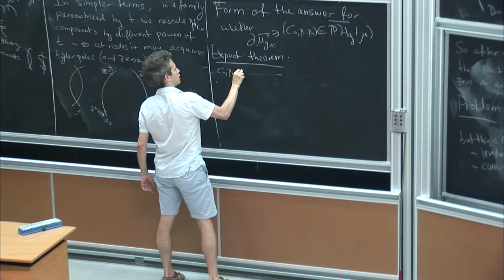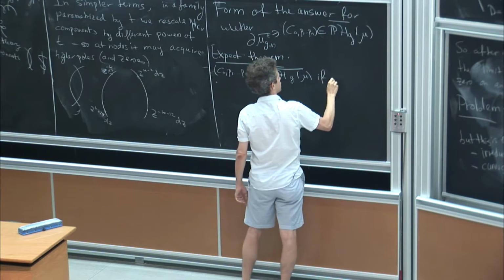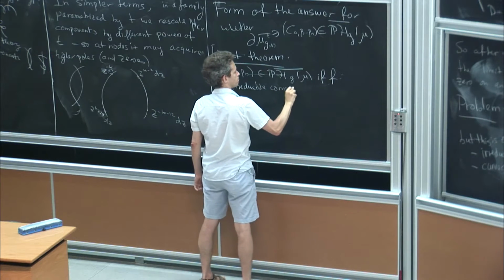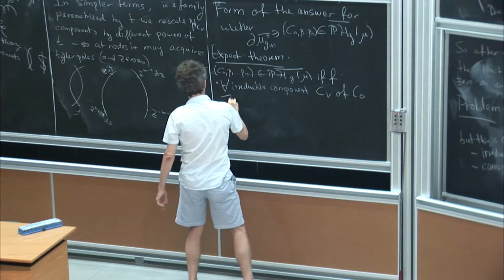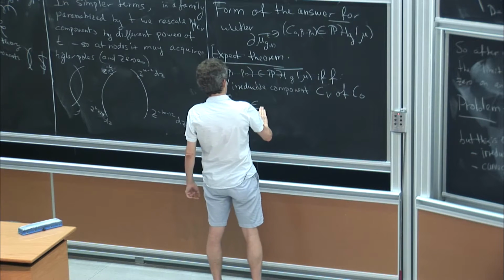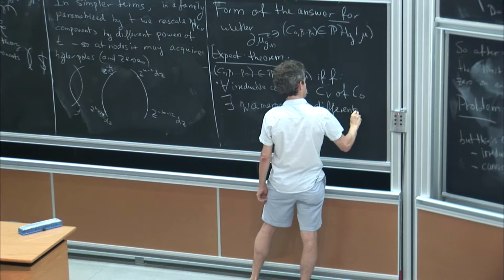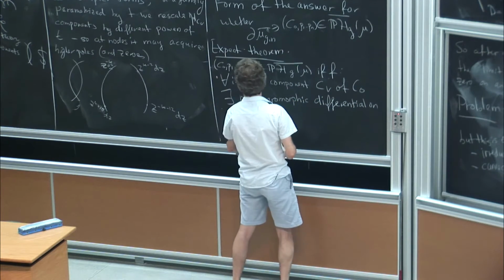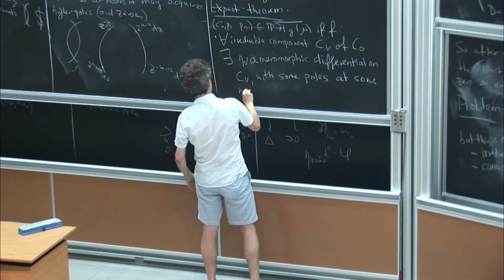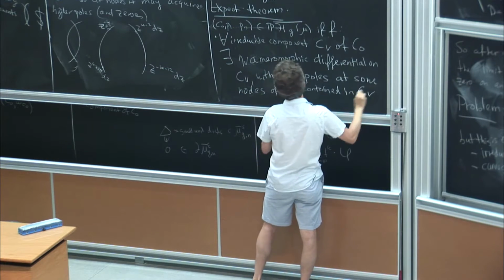C node with points P1 through Pn lies in the closure of a stratum if and only if for any irreducible component CV of C node, there exists a differential, omega, eta, not omega, eta v, which is a meromorphic differential on CV with some poles at some nodes of C node contained in CV. I'll need to continue on the next blackboard, sorry.